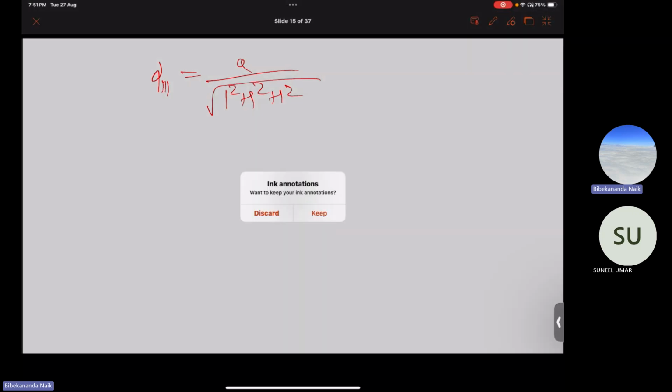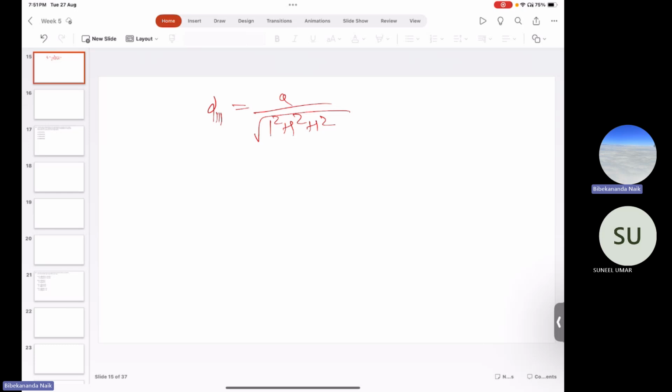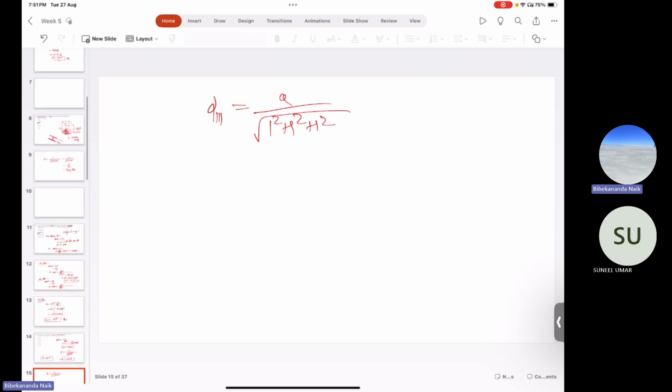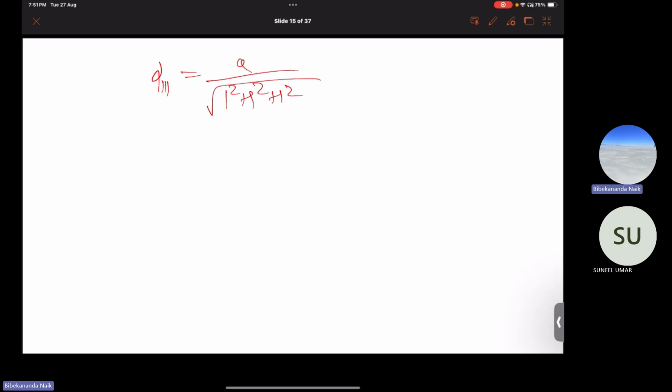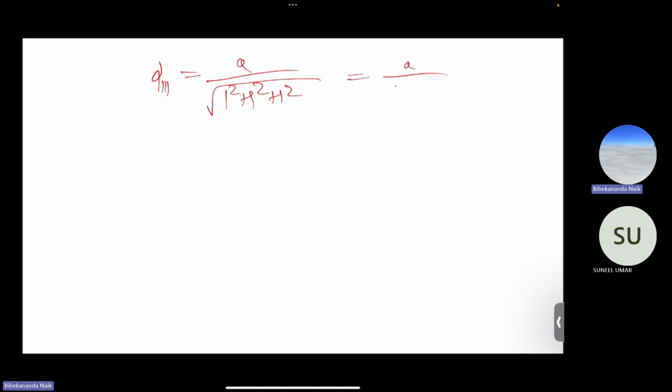1.54 angstrom unit. Yes, so if you put all these values, d we can calculate. d for 111 will be a by root over 1 square plus 1 square plus 1 square, then it will be a by root 3.